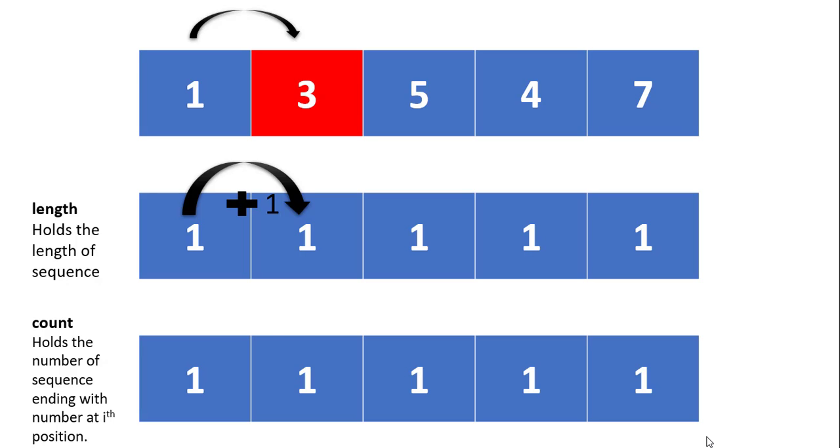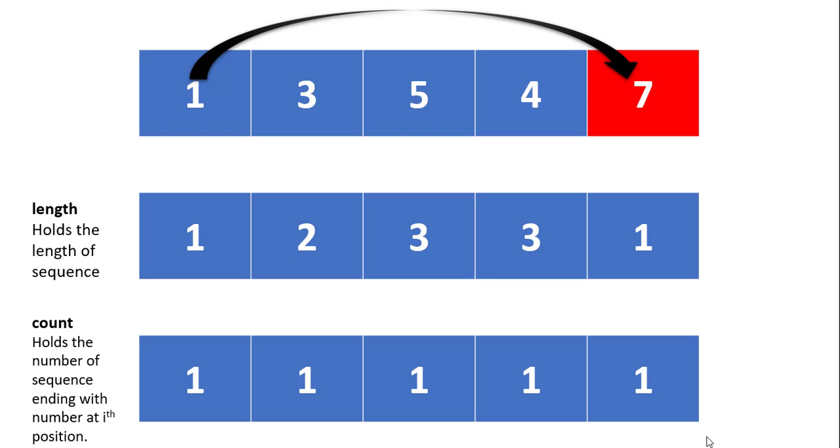So the length we added, and the count will be the same as 1 because there is only one sequence ending with 3 right now. Now let's fast forward to the last element so that we can see how the value of the count gets affected.